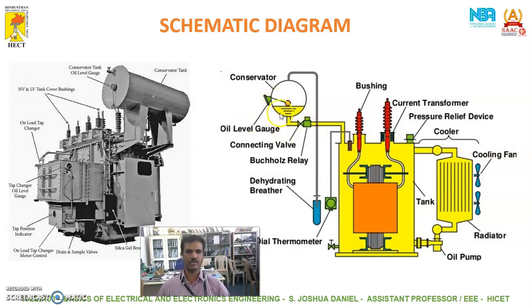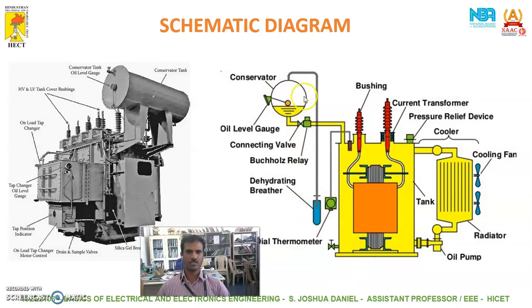We have an oil level gauge which will show the level of the oil that has to be present there. We have a Buchholz relay, which is a protective relay, which cuts off the supply when any short circuit takes place. We have a dehydrating breather here.